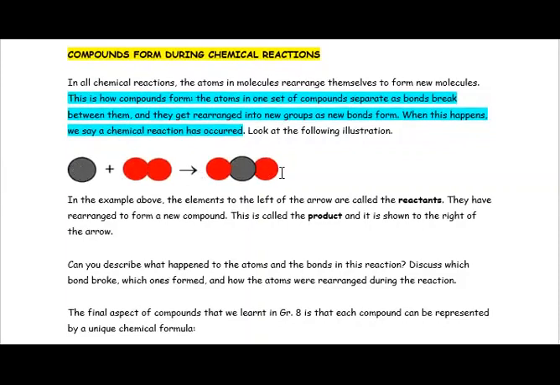So we look at this chemical reaction here, right? By the way, this is carbon dioxide that we get in the end. We start on the left side of the arrow, right? We start with carbon. We have one carbon atom plus 2 oxygen atoms. And why does oxygen exist as 2? Because oxygen is a diatomic molecule, right?